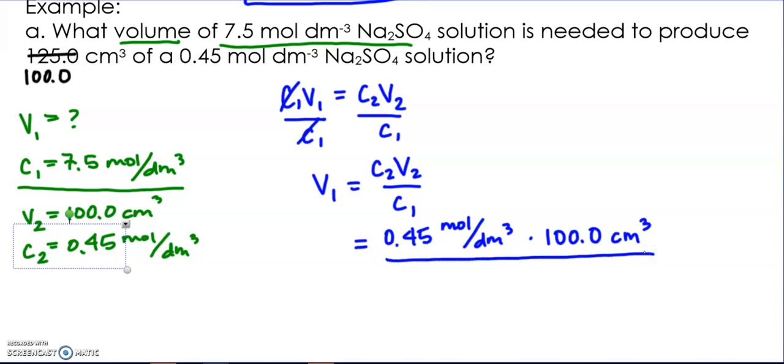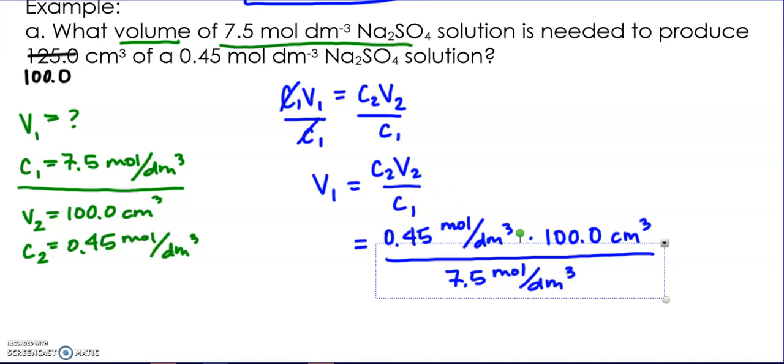Because I'm going to divide this all by my C1, which was 7.5 moles per decimeter cubed. Now looking at this, I can see that my concentration units, moles per decimeter cubed, are what are going to divide out. The unit I'm left with is centimeters cubed, which is a unit for volume. And that's okay, unless my problem asks for the volume in decimeters cubed, I don't have to change that.